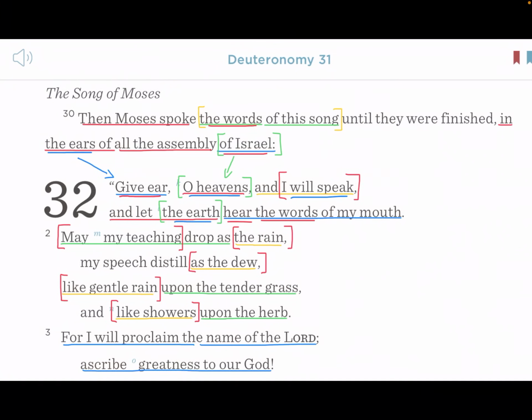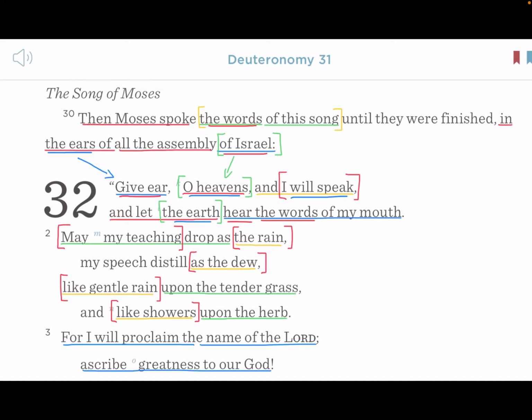In Deuteronomy 31, we get Moses handing down the law. This is the creation of the law, and he is talking to God as he comes to the end of his days. And God says to Moses, when you pass on, these people are going to betray me, and they're going to forsake me and break my covenant.